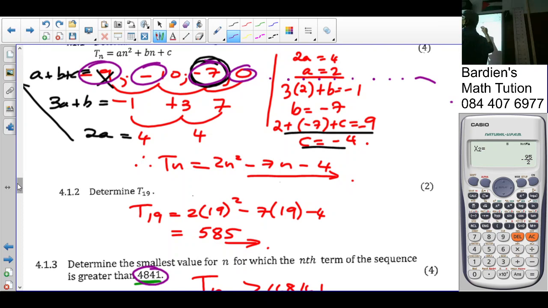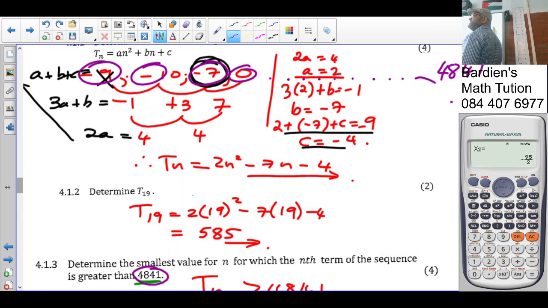Okay? Now there will come a point where you get 4,841 in the sequence. So that is the 51st term. How do I know that? By doing the calculation now, right? So they want to know which is the first term greater than this. The very next term, which is T52, is going to be the term greater than.